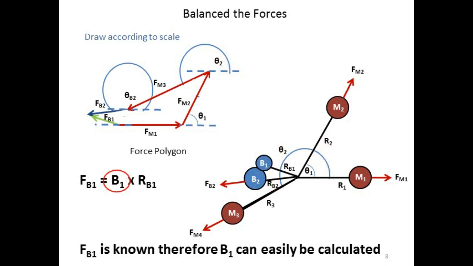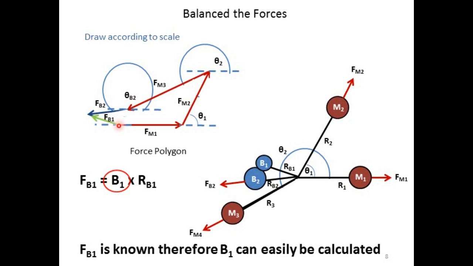Start from here till end here, start from the horizontal, end it here. Then comes the balancing force FB2 represented by the blue arrow, so it's at angle theta B2.